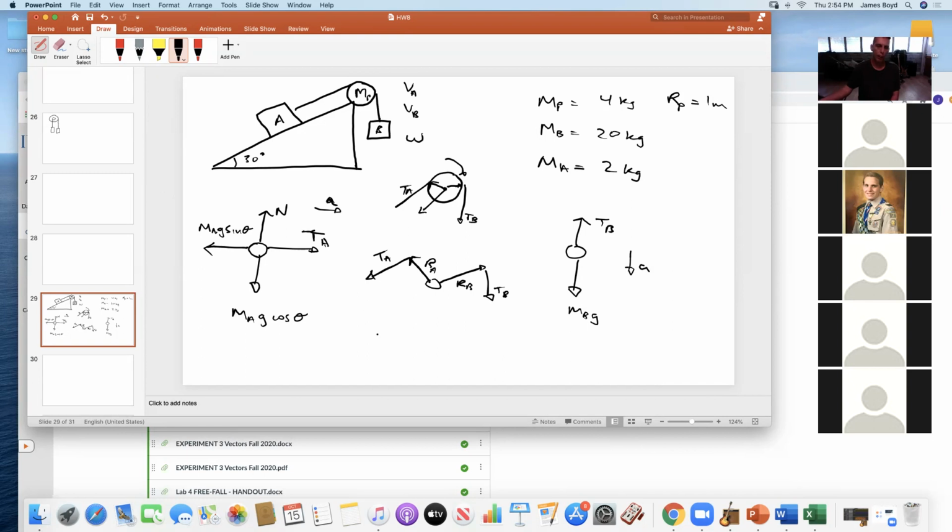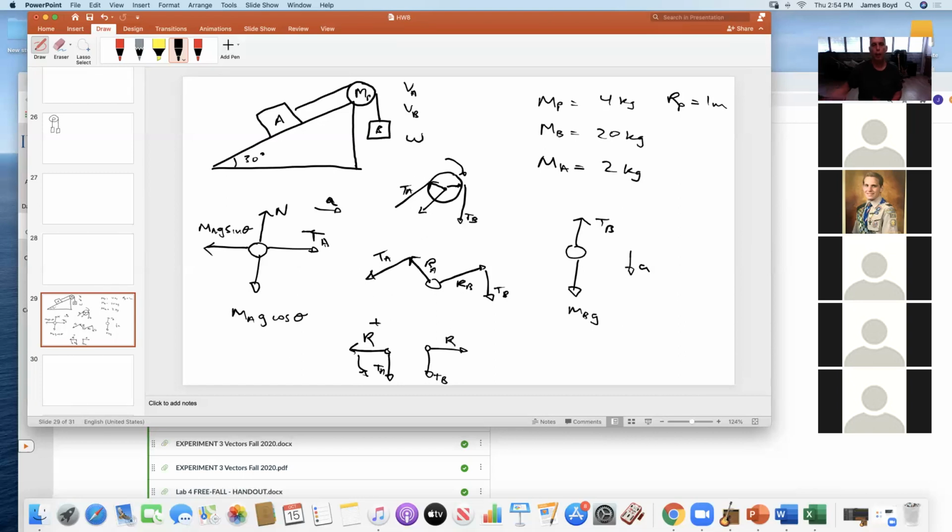So then I need to look at these two torques. If I put R and T together, tail to tail, I see that I have R and TA, and if I rotate, right-hand rule, R to TA, if it's counterclockwise, that is positive. So I know this torque is positive, and this one is R and TB.